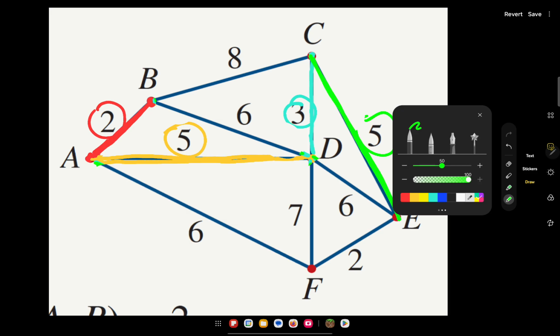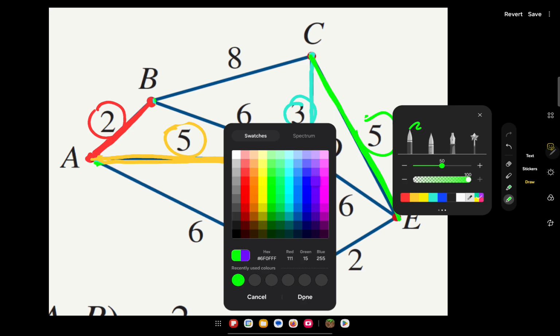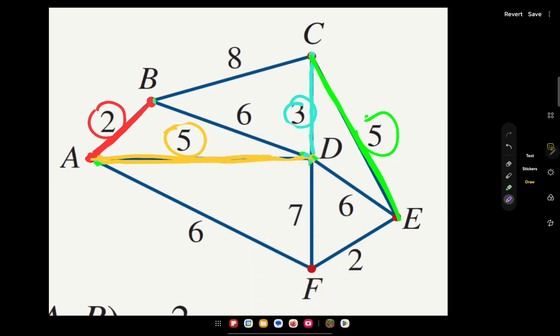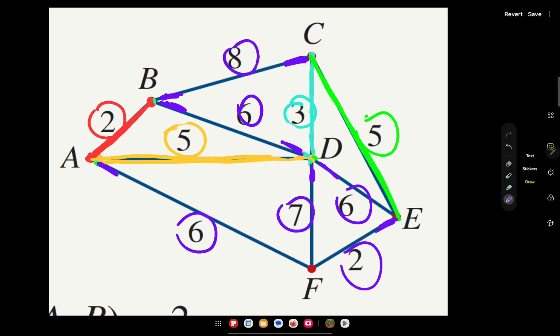Alright, so now we have 1, 2, 3, 4, 5 points, and we're missing our last connection to the 6th one. So we're going to fix that right now. Okay? Now, do the same steps. We look at all the lines from our points that we have. Look at all the points from A, from B, C, D, and E. Okay? 2, 6, 7, 6, 6, 8.